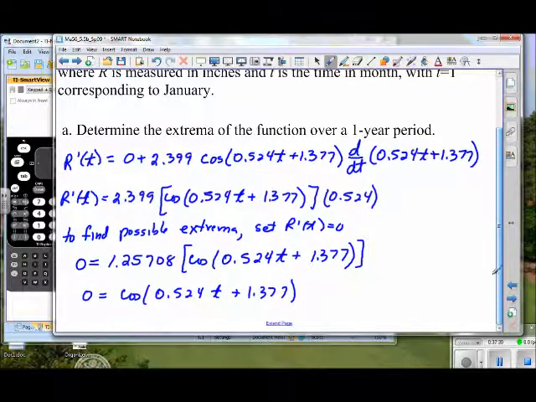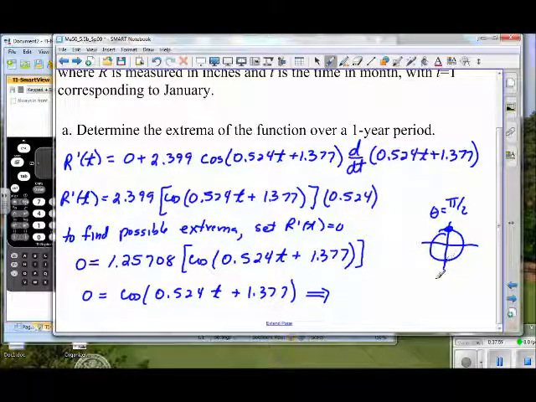Now, if the cosine of an angle is 0, where on the unit circle do we have cosine to be 0? Well, cosine is 0 up here at an angle of pi divided by 2, or down here at an angle of 3 pi divided by 2.